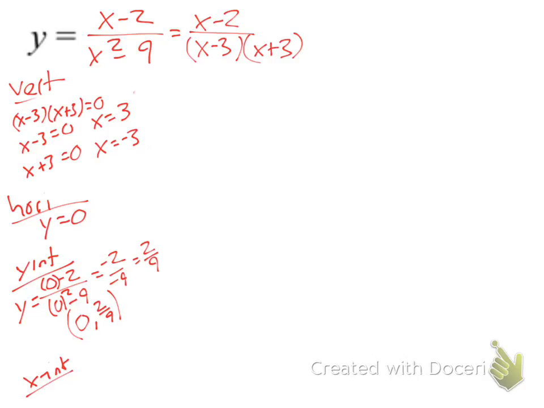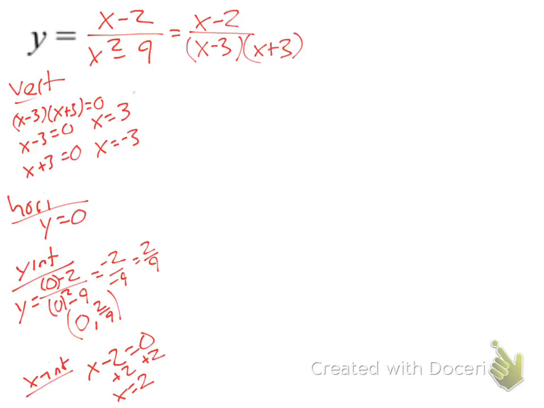X-intercept. Set the top equal to 0. Sorry, what happened was, remember, we started talking about how to find it, top equals 0. I ended up starting with vertical asymptotes. That's what got us all mixed up, or me mixed up. Add 2, x equals 2. But I'm not leaving it as x equals 2.